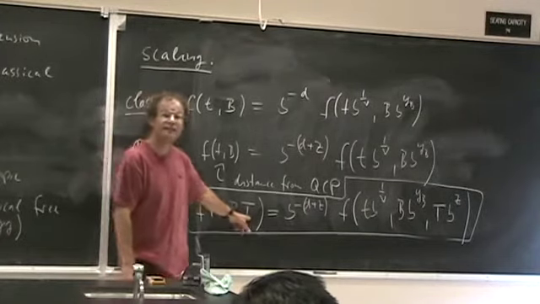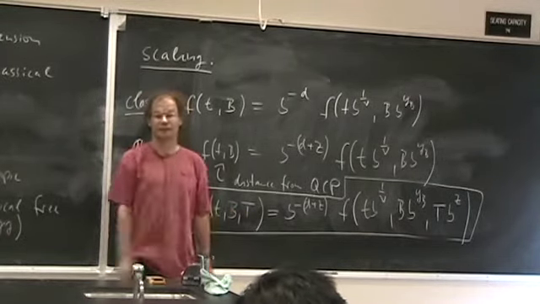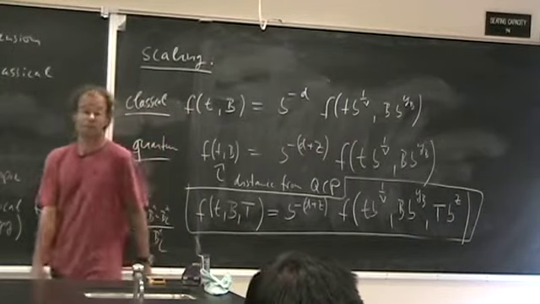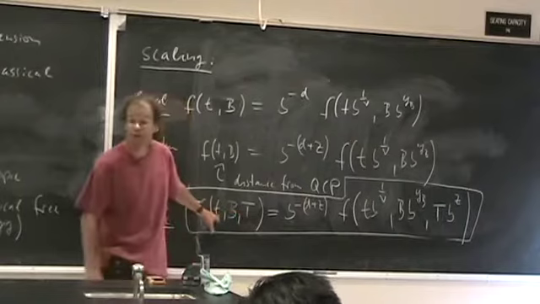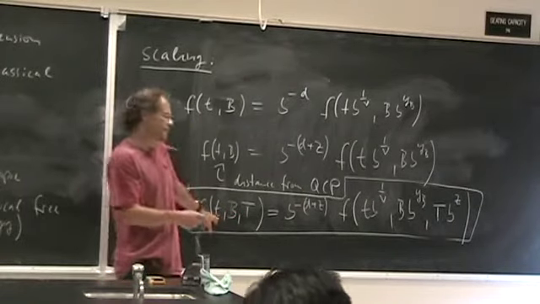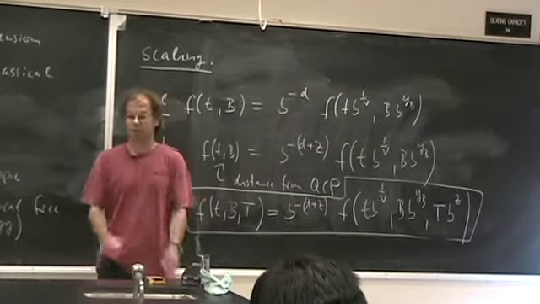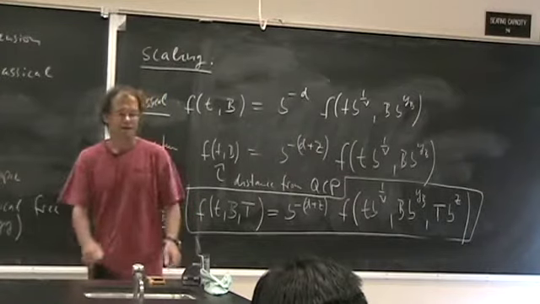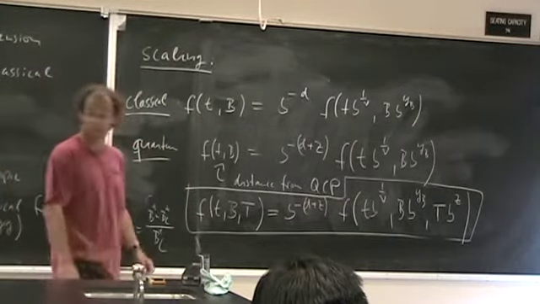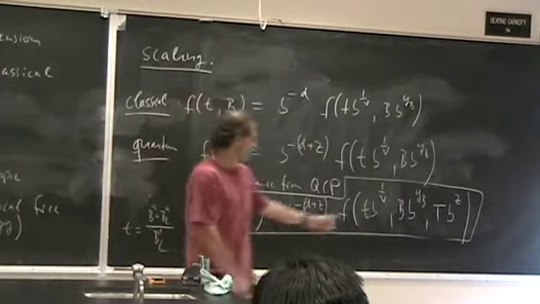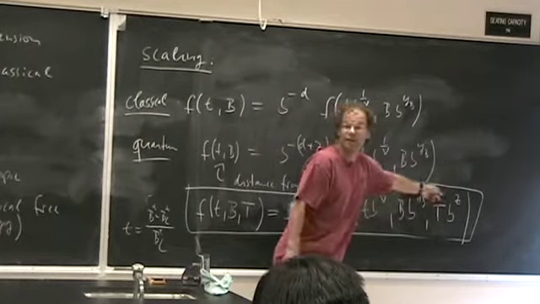Or I can actually raise the temperature that also takes me away from the critical point. So I have two independent parameters. One is the temperature, and the other one is a quantum tuning parameter. That could be transverse field in our toy example, it could be pressure or whatever else you're using. So I have two parameters that can tune away from the quantum critical point. And of course they come with different scaling behavior.